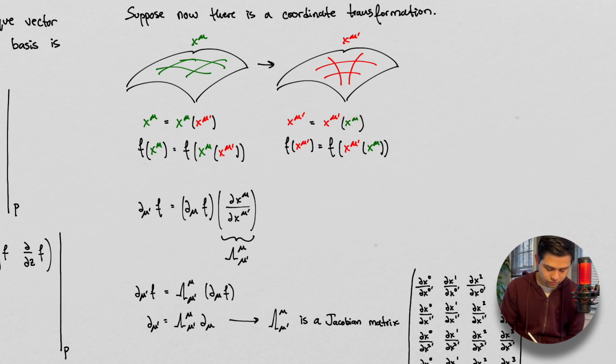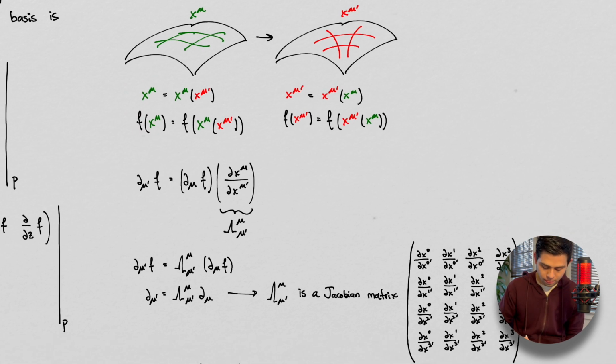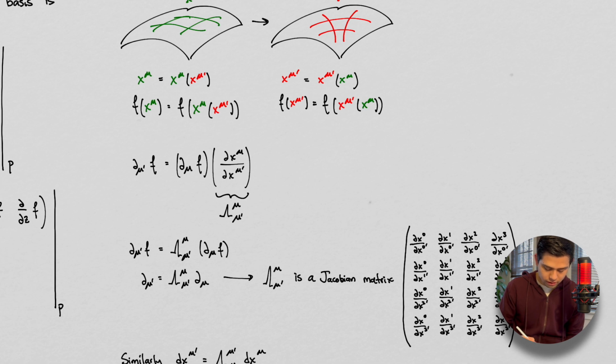So that means if we take a function on x mu, that function is a function of x mu prime. We're really just putting both of these inside a function. We're taking the function of both sides, almost, if you will. Okay, and so we have these two expressions.